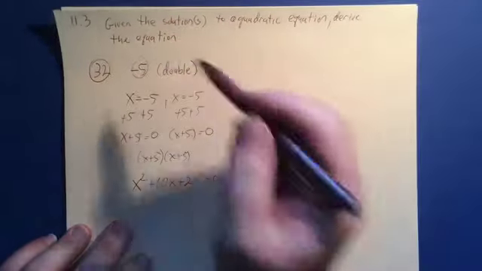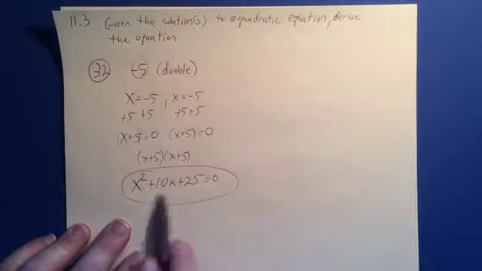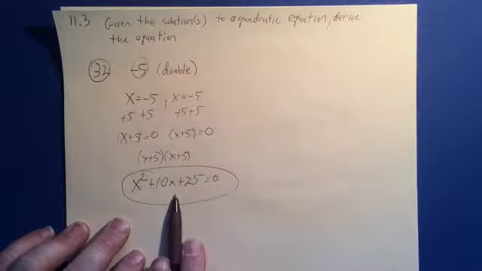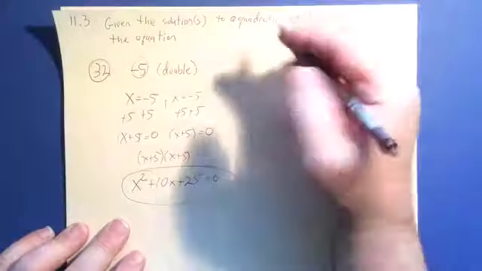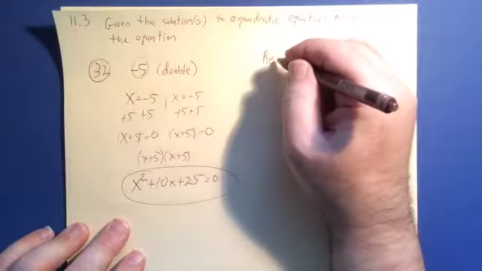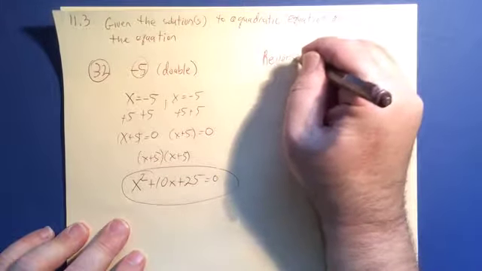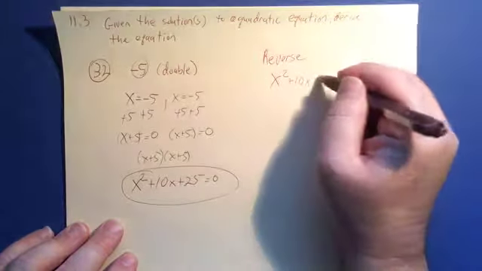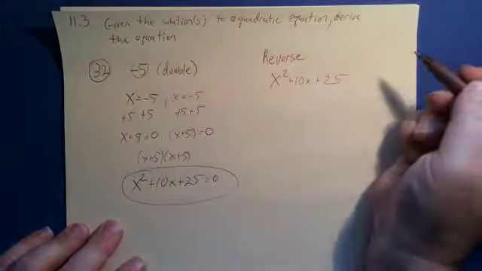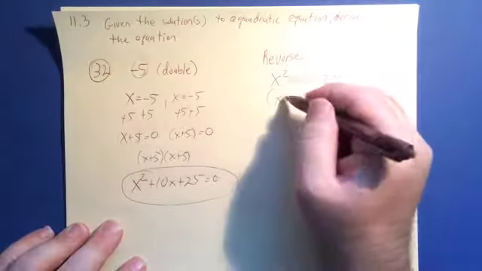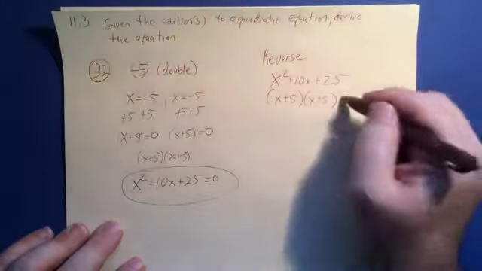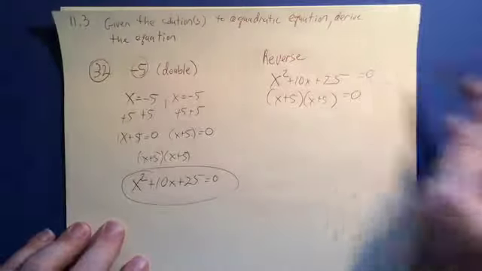So given a solution of negative 5, I go backwards to getting the original quadratic equation. Let's look at this in reverse to understand the relationship here. If I take x squared plus 10x plus 25, the way I would factor this would be to write it as x plus 5 times x plus 5 and set it equal to 0.